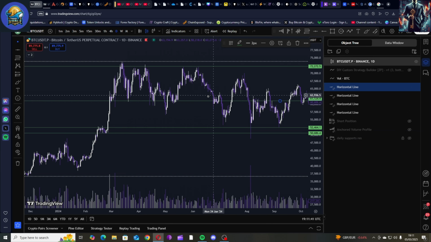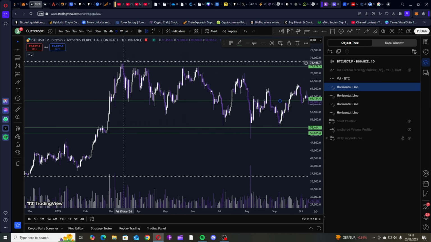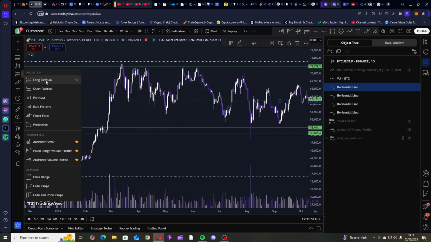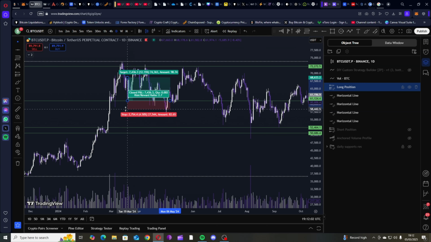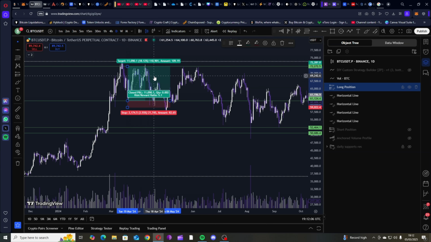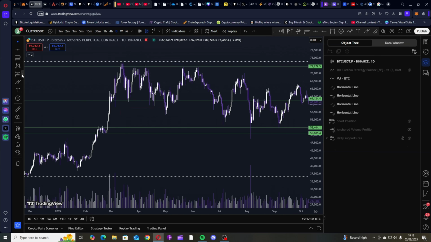That's a clear support area, clear resistance zone. So you get a lot of fake outs in these zones. You had a fake out, came back in, retested, fired off again. All you're doing is longing at support and shorting at resistance.